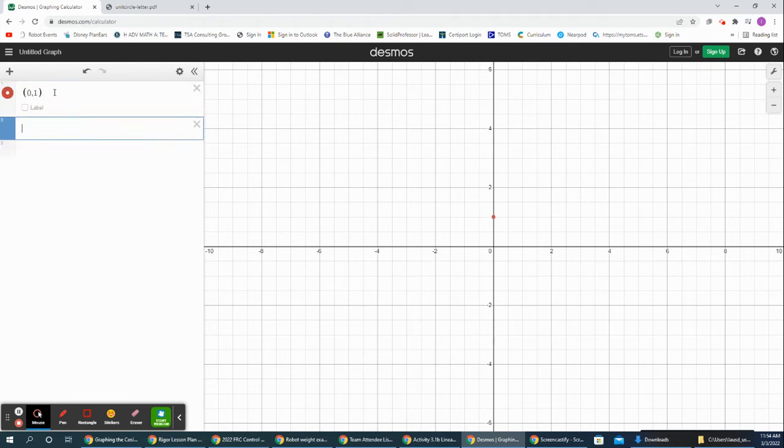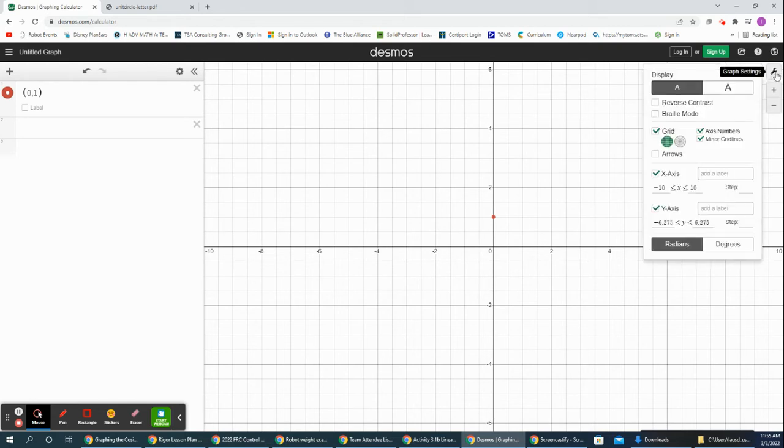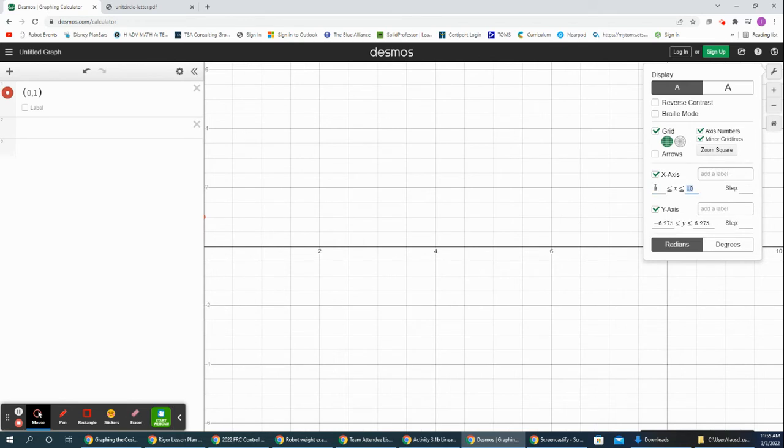Okay? And now, before I continue, let's go ahead and fix our screen here, our view, so that it better represents our function that we're graphing. So let's do that next. All right, so let's click on this graph settings icon. And on the x-axis, we're going to go ahead and say from 0 to 2 pi.